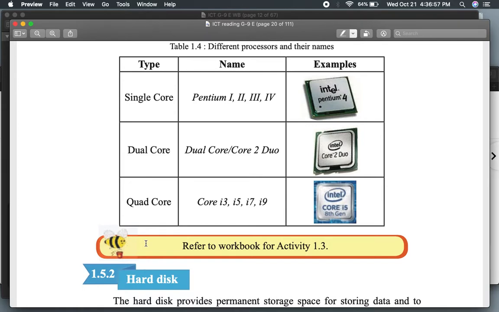So remember this is important. A single core or a dual core or a quad core, each would process data at different speeds, with the quad core i9 processing the fastest.